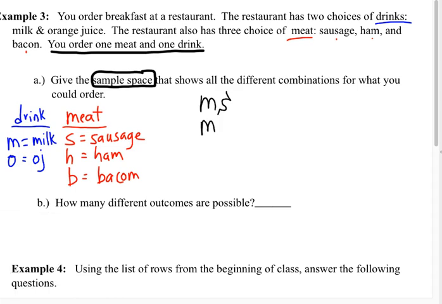I could do milk with ham or milk with bacon. So one drink with all three meat options. There's three of our options in our sample space. But I also have OJ that could be with sausage, or orange juice that could be with ham, or orange juice that could be with bacon. So how many different outcomes are possible in this list of our sample space? There are 6.